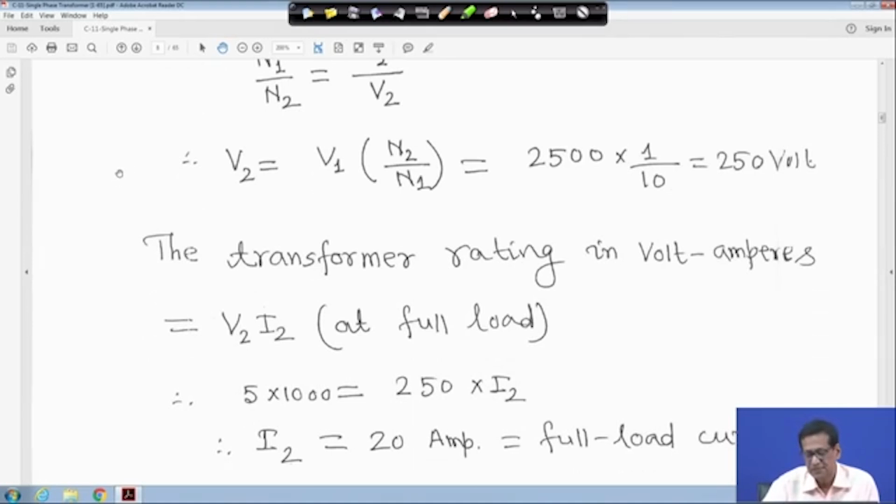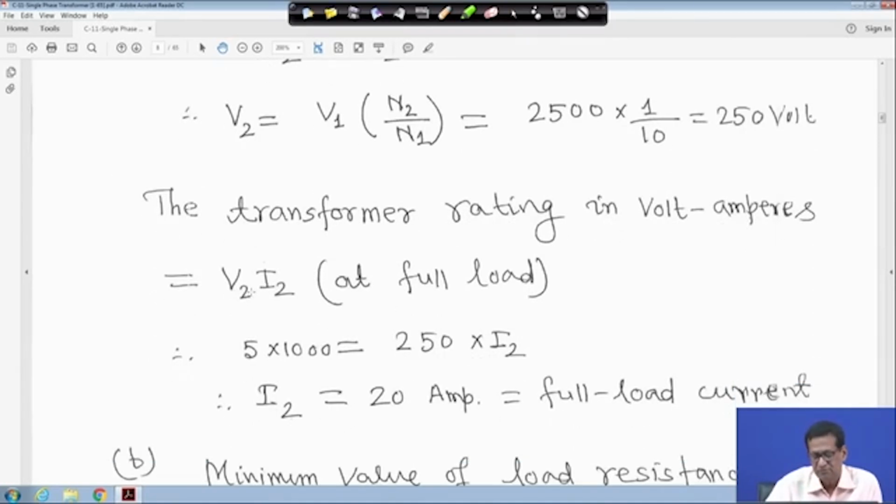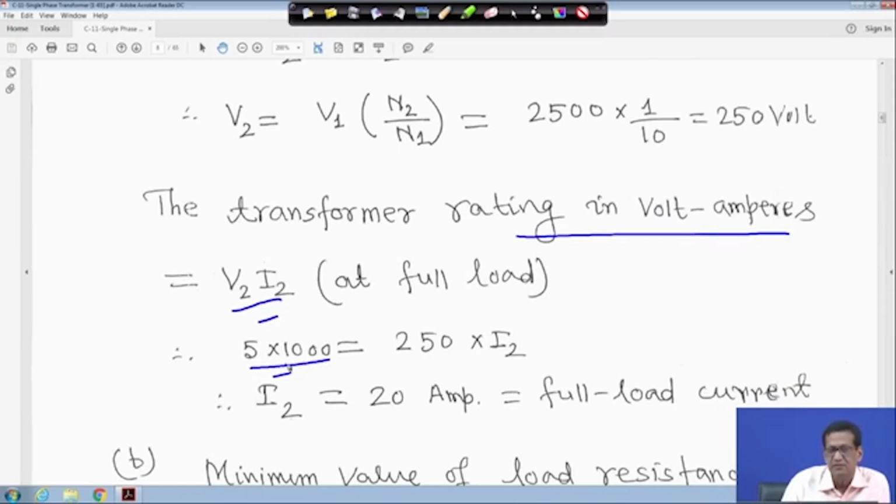The transformer rating in volt ampere will be V2 I2 at full load, right. So the 5 kVA given, that is 5 into 1000 volt ampere, is equal to V2, which is 250 volt, into I2.